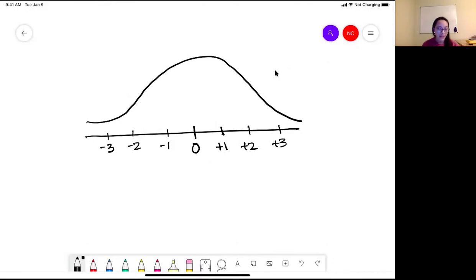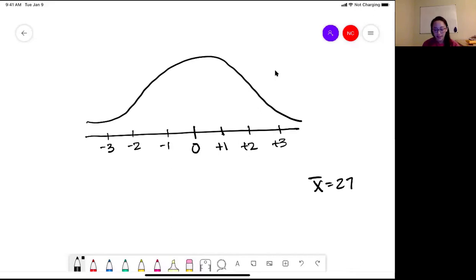Somebody give me a random number that's greater than 20. 27. Okay. So for the sake of this example, our mean is 27.